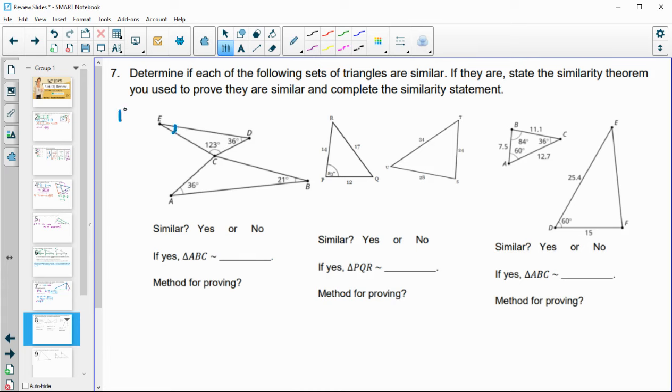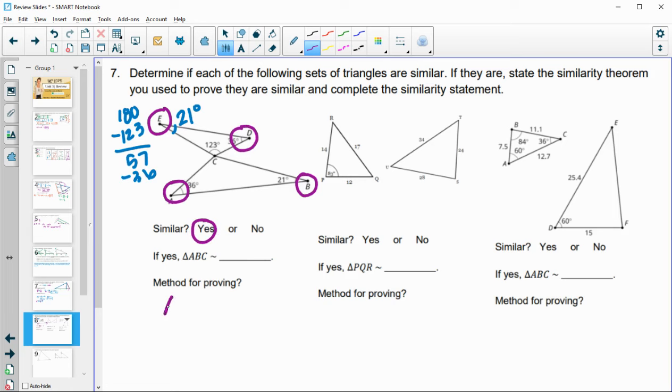So we'll do 180 minus 123, which is 57. And then we'll subtract 36, and we get 21 degrees for this angle E. Then we see that angle E is the same as angle B, and angle A is the same as angle D. So these two triangles are similar by angle similarity.